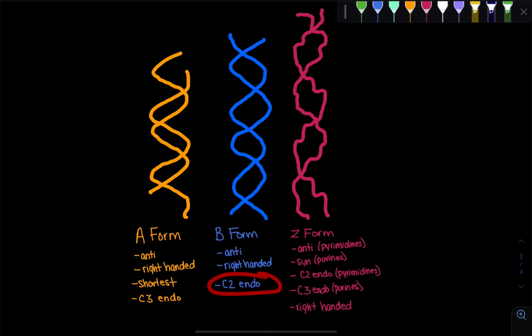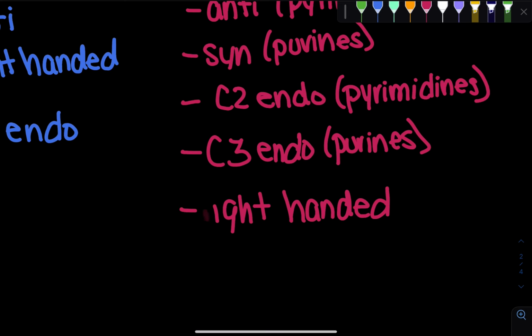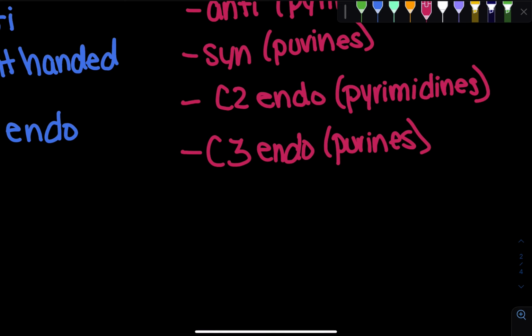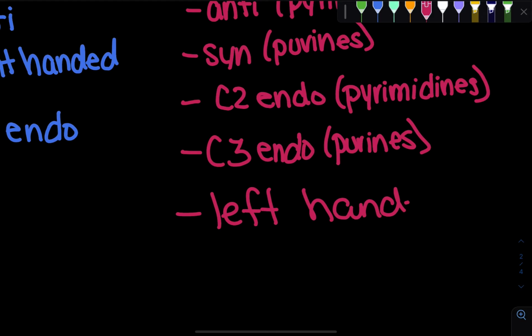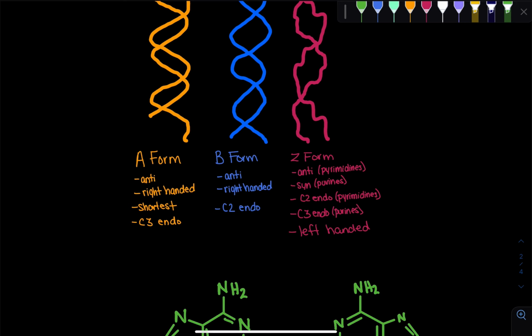They only differ in their C2 and C3 endo positioning, whereas the Z form, it's right-handed. Oh, pardon me, there's a mistake right over here. This should actually say left-handed. So the A and B are right-handed, and the Z form is left-handed.